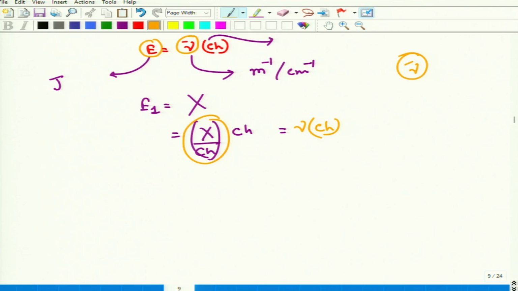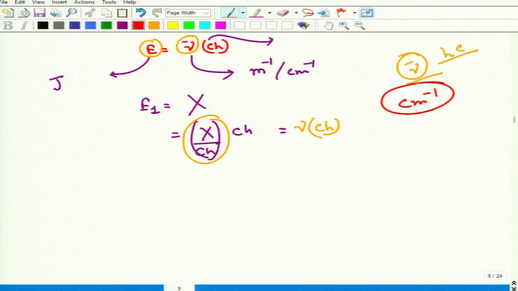We just have to multiply it with hc, which is a universal constant. If we multiply nu bar with hc, then we can convert the nu bar into the energy. So we can use the nu bar, the wave number, instead of energy. This is also a way of representation of the energy.